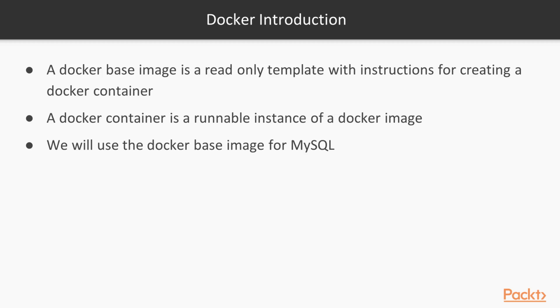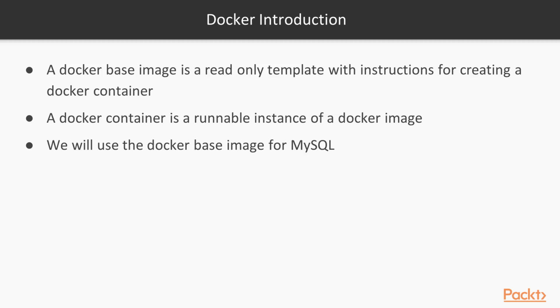We will be using a pre-built Docker image for MySQL and the other databases that we go over in this section. Using Docker saves us a lot of time and effort from having to install and configure a custom MySQL instance on our system.